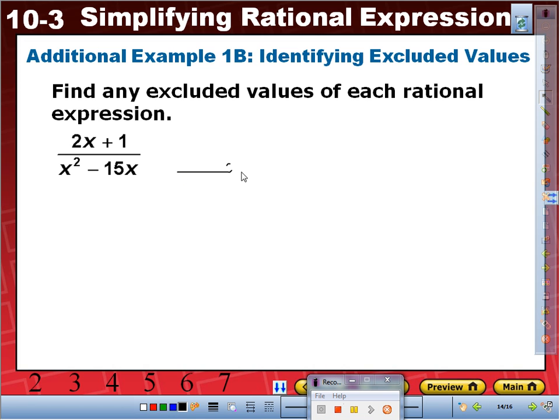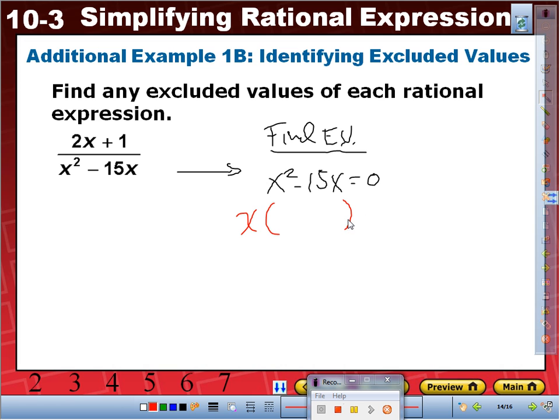So I'm going to rewrite this over here. And I'm going to write find EV, excluded value. So I'm going to write x squared minus 15x equal to 0. Do we know how to solve these kind of equations? Yes. Step 1, can we find a GCF over here? x.